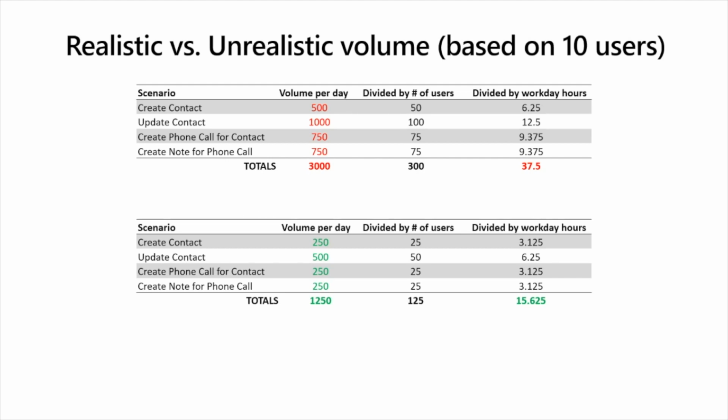Collectively, the top table shows 10 users doing an unrealistic amount of work in an hour, and the bottom table shows 10 users doing a more realistic amount of work, but still a lot of work in an hour. Considerations for this are, how long does the phone call take? Or how many notes does a user take during and after the call? This is referred to in tests as think time.